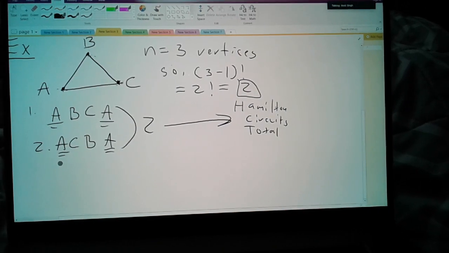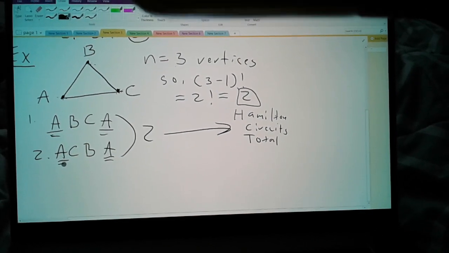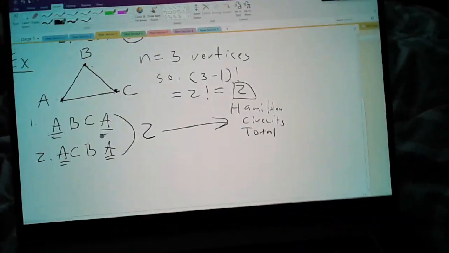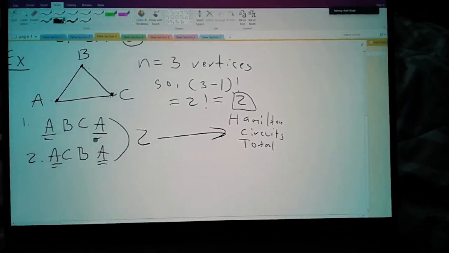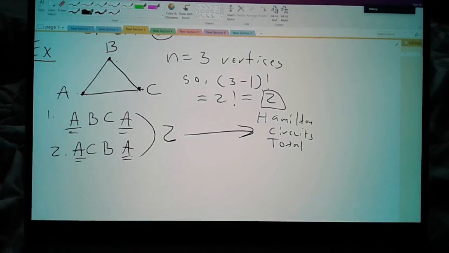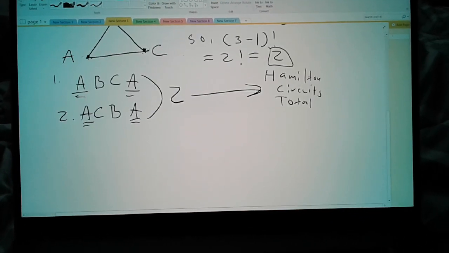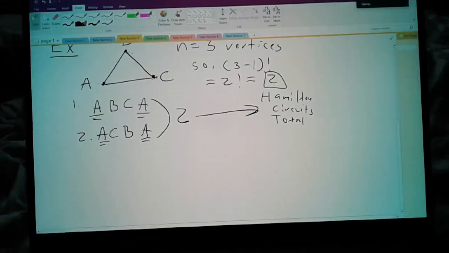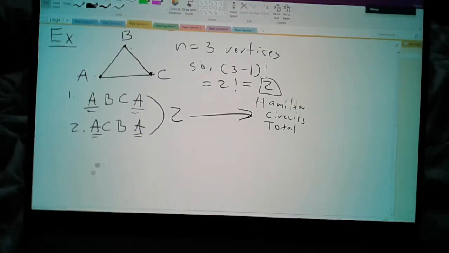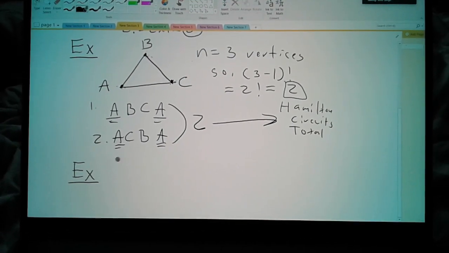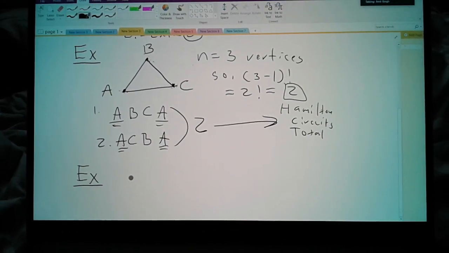As you can see, 2 distinct, unique Hamilton circuits. Of course, we can always have a lot more, right? If I made it more complicated.